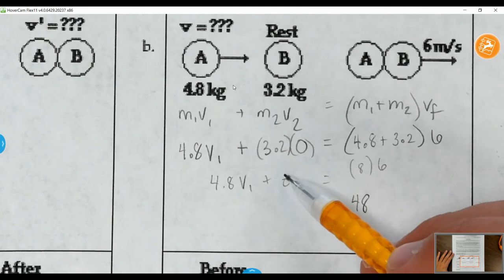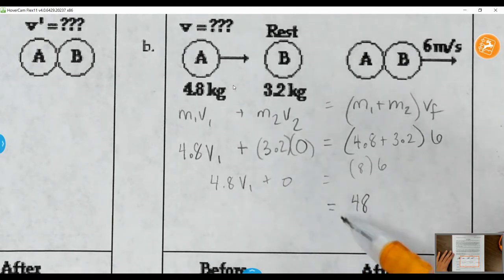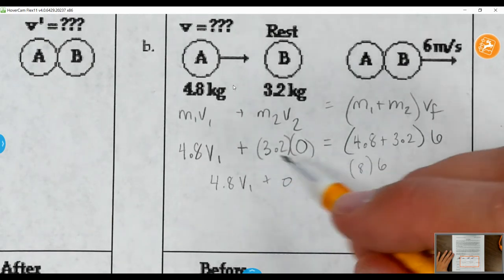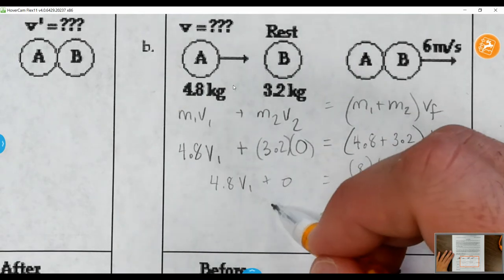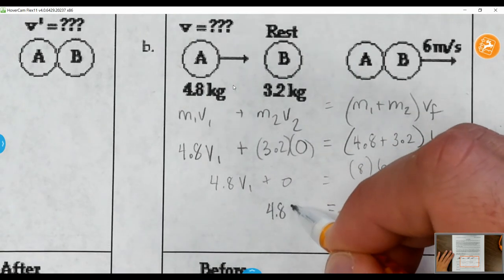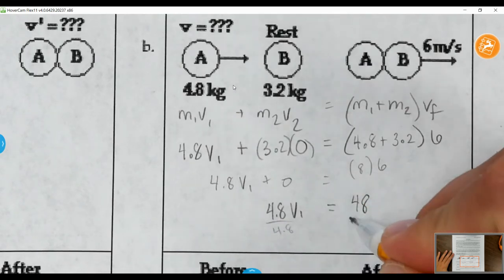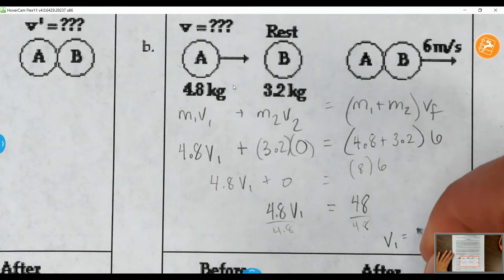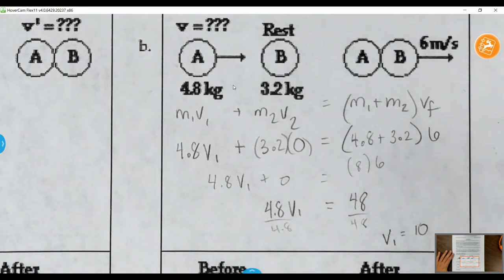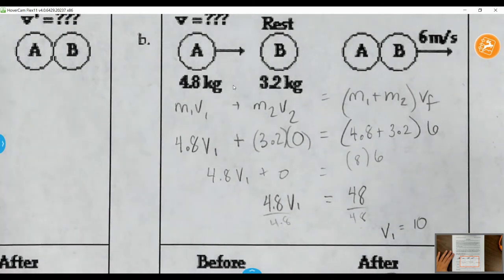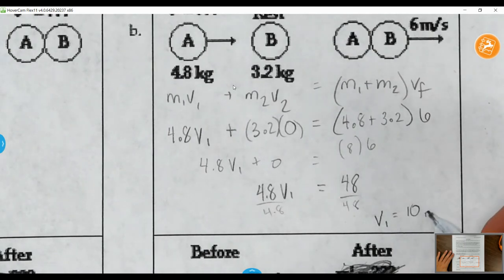If this was a positive number, you subtract it from both sides, and then to get the V1 by himself, divide both of these by 4.8. So V1 should be 10 meters per second is our unit here.